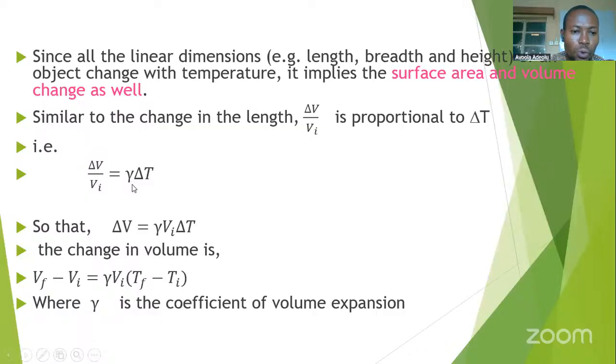If I remove the proportional symbol, I put equal to and a constant. Our constant now is gamma, which is called the coefficient of volume expansion.